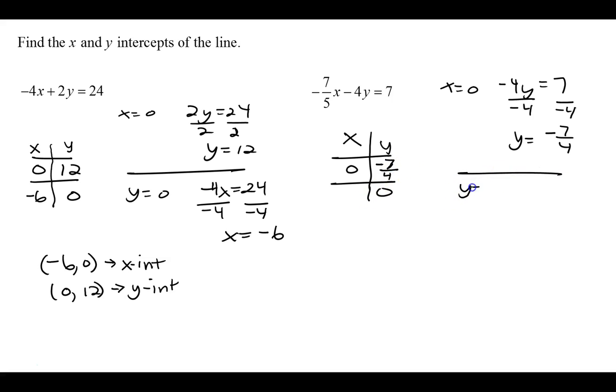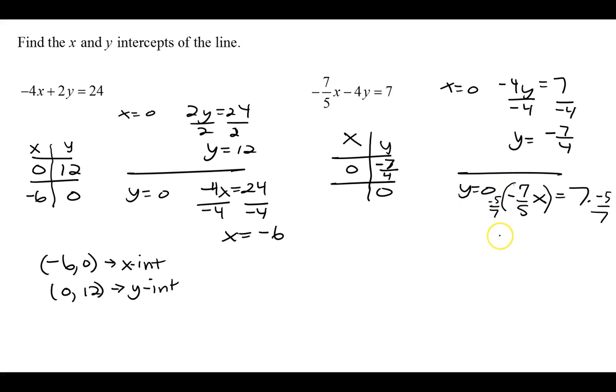And then if y is 0, it's just as bad. We have negative 7/5 of x equals 7. So we would times this by negative 5/7. Oh, this one works out nice though, I guess.